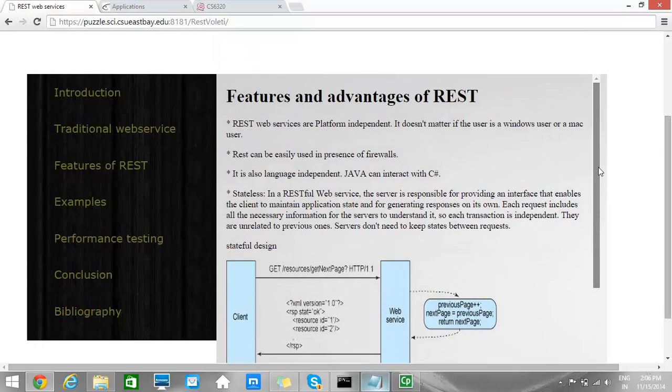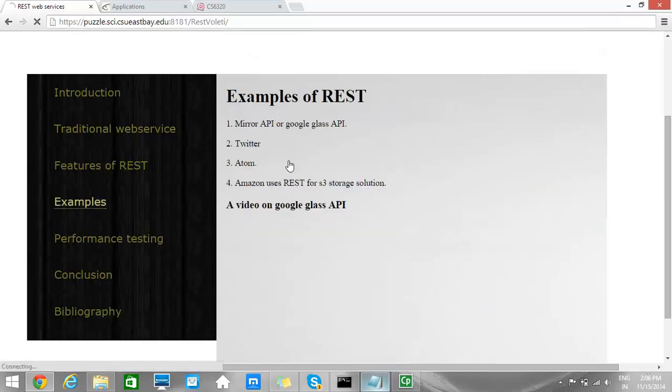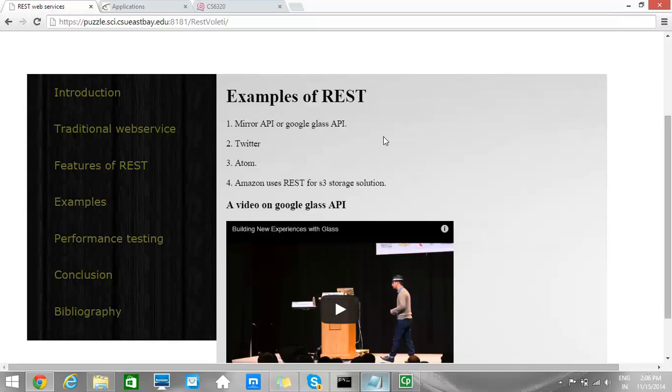So these are the main features and advantages of REST when compared to traditional web services. Some of the examples of REST in use nowadays are the Mirror API or Google Glass API, Twitter, Atom, and even Amazon uses REST for its S3 storage solutions.